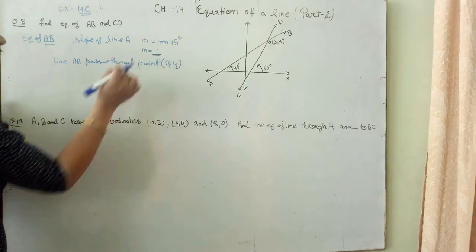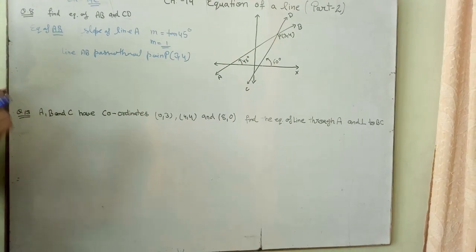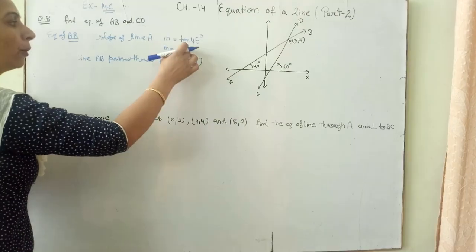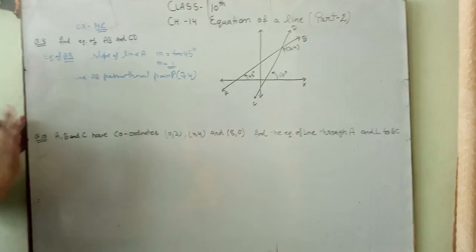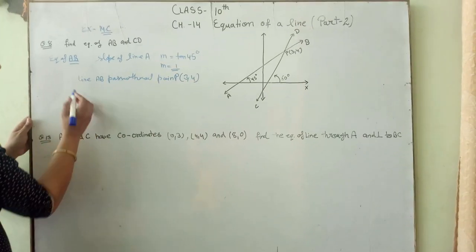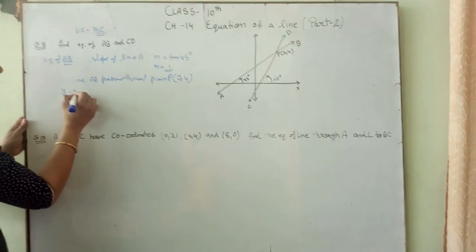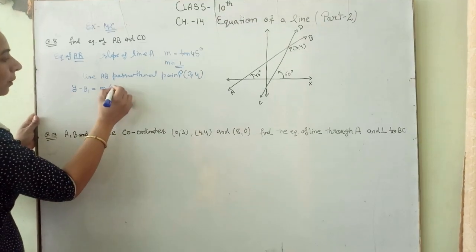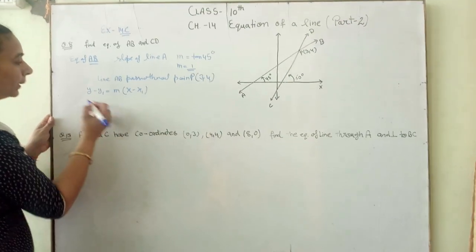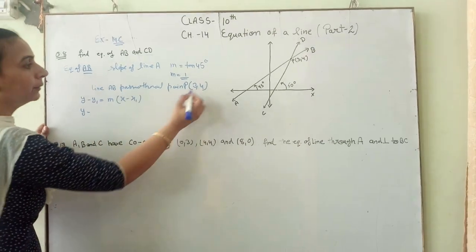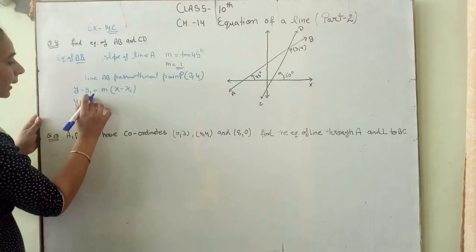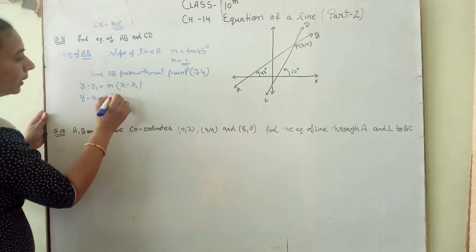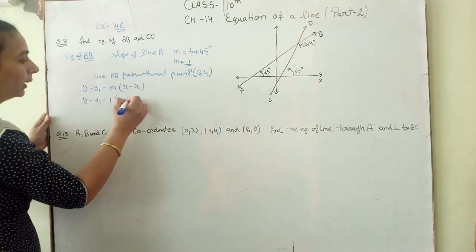There is a slope given and a point given. Then we use the second type, the point slope form: y minus y1 equals slope times x minus x1. Y minus y1, which is 4, equals slope 1 times x minus x1, which is 3.